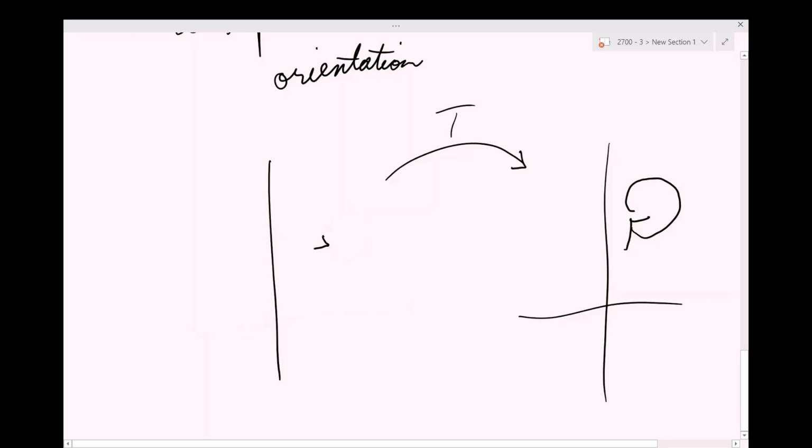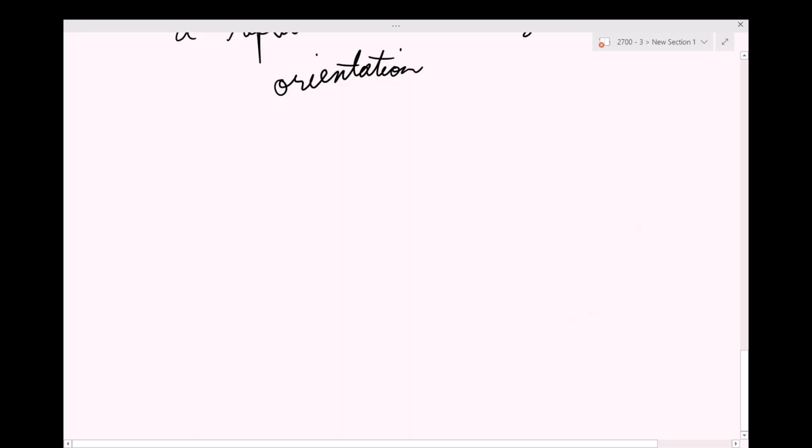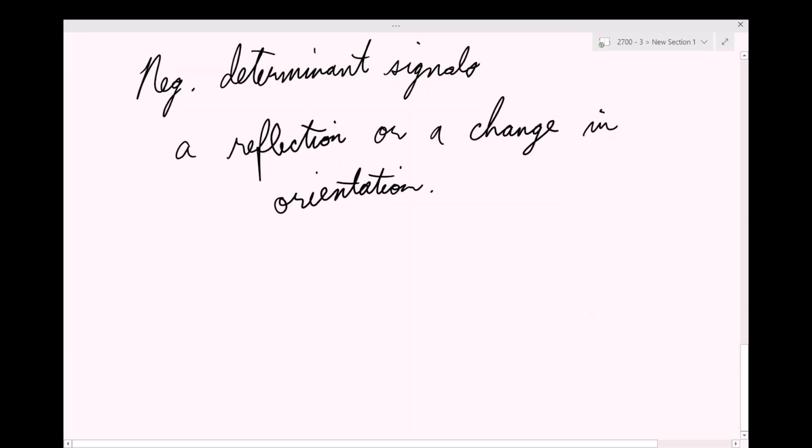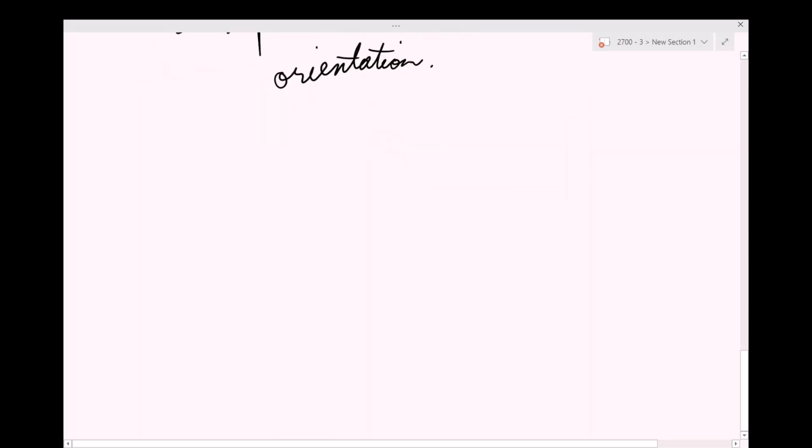So that sort of thing is what the negative on the determinant is signaling, which can be quite useful information, but I want to focus more on the area. So one thing that this does is this gives us a nice little trick for calculating areas of triangles. So for instance, let me write an example here.